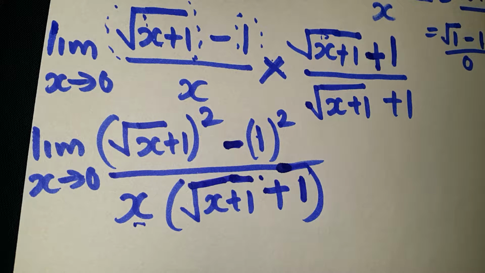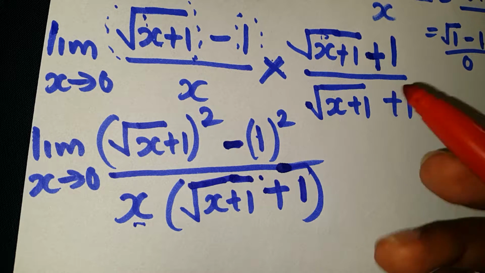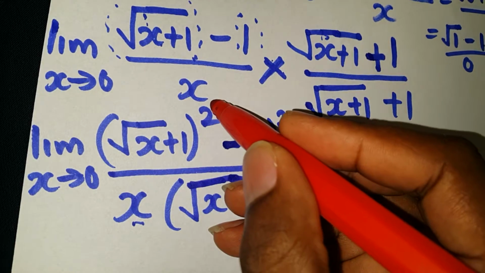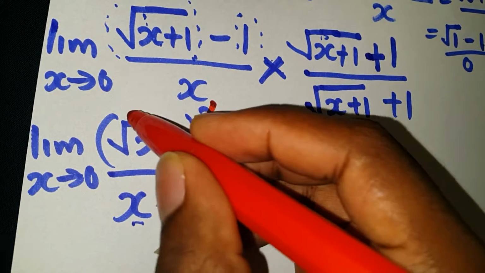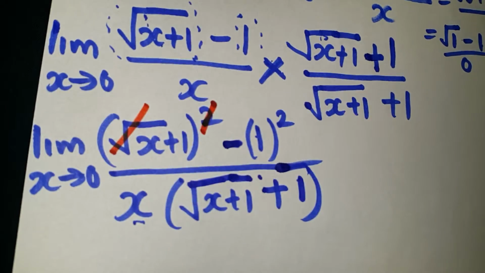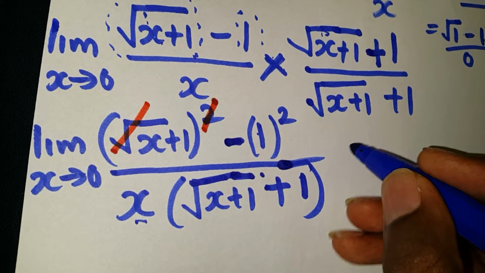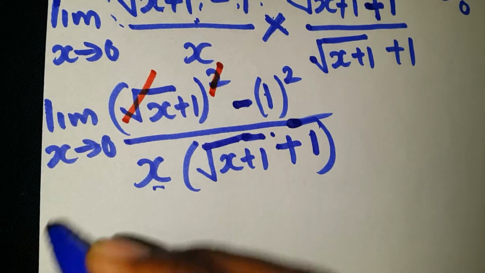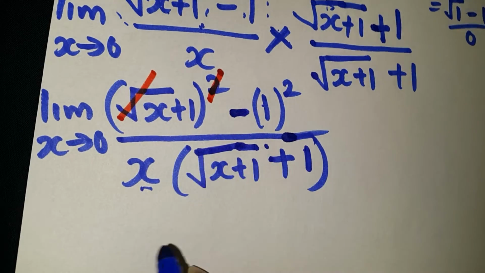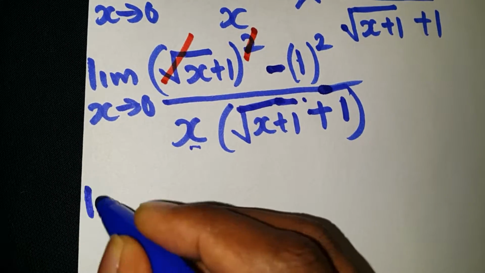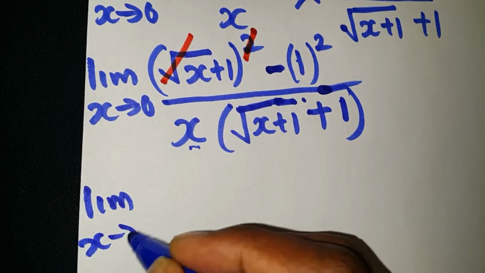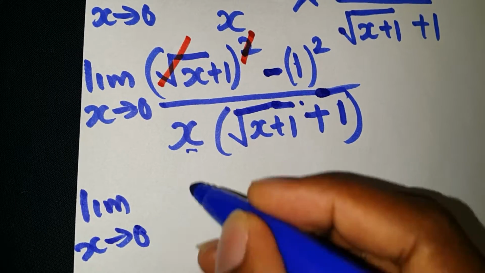Then we can now cancel some things out. This 2 will be cancelled with this root. So what do we have? We have the limit as x tends to 0. What do we have left?